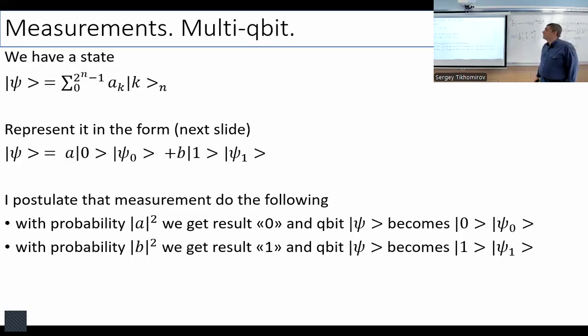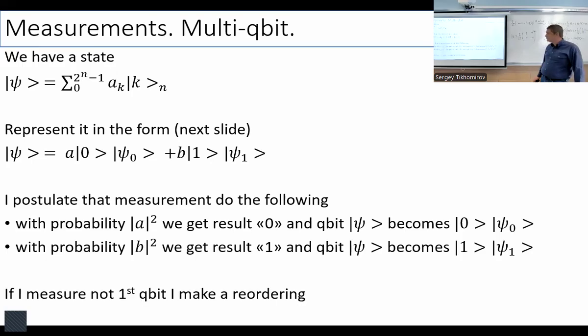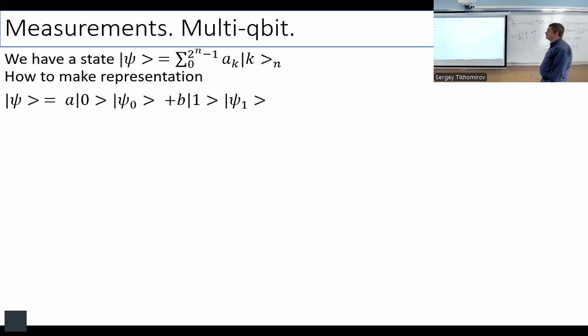And once again, if we measure not the first qubit, we should just reorder the qubits to see the result. And if you measure the first qubit two times, you will always get the same result. How can I represent it in such a form?